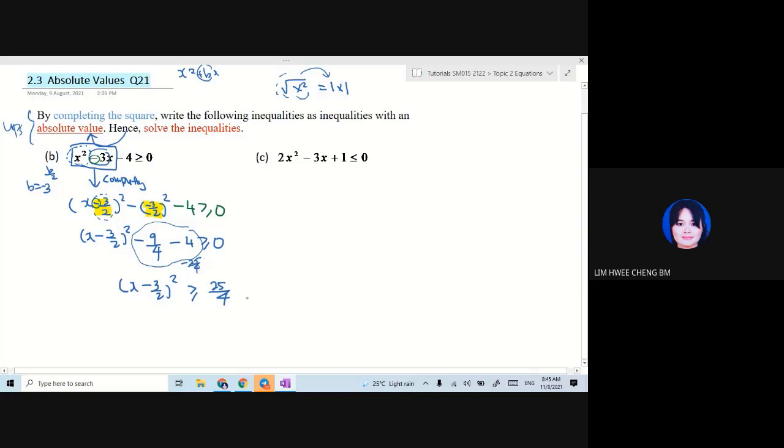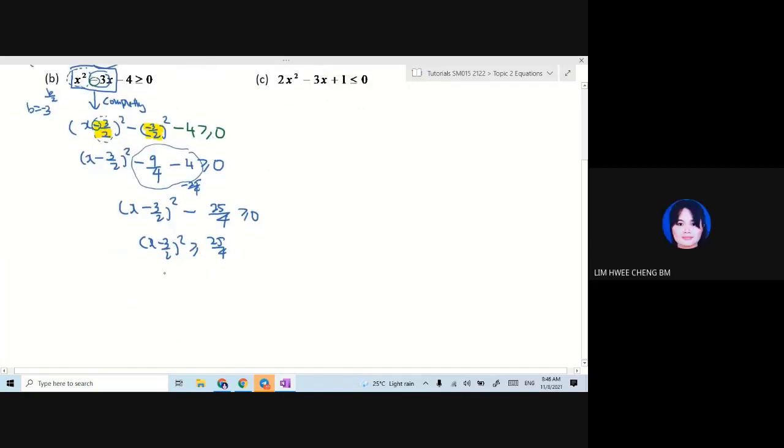Betul? You move. Boleh move ke? Atau you nak tambah satu langkah lagi? Boleh. Kalau takut orang tak nampak. So you minus kan? You get this, betul? And you proceed with x minus 3 over 2 square greater or equal than 25 over 4. Boleh?